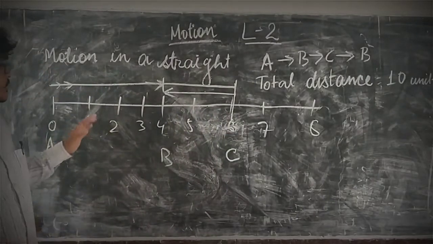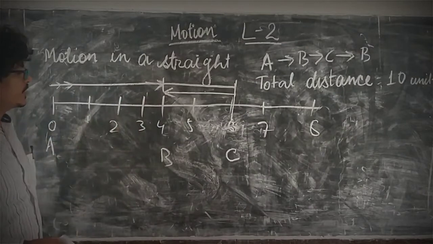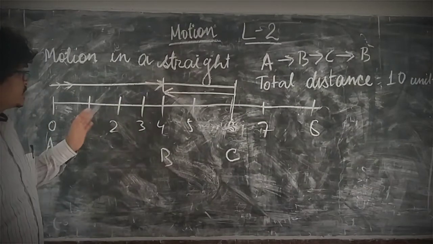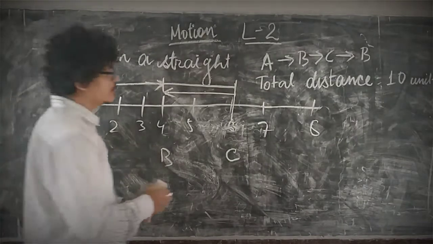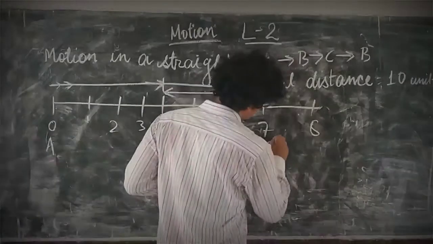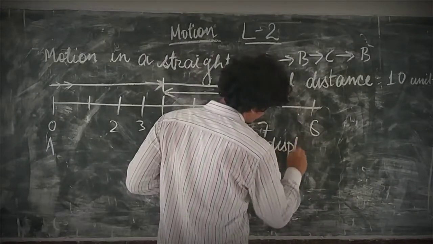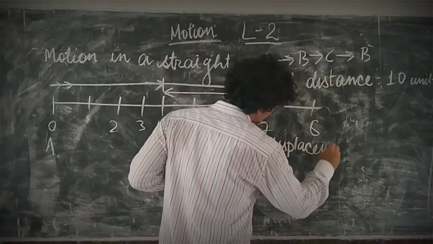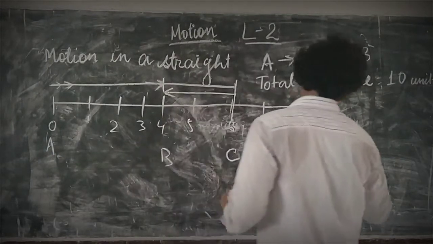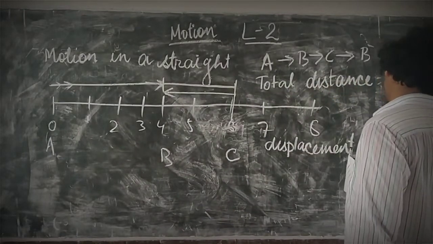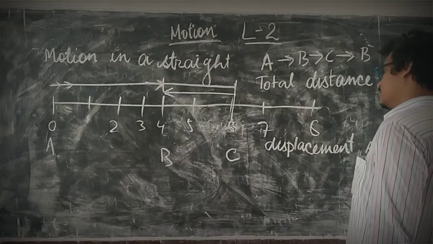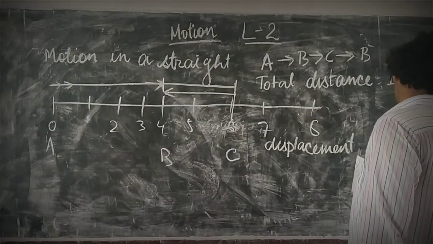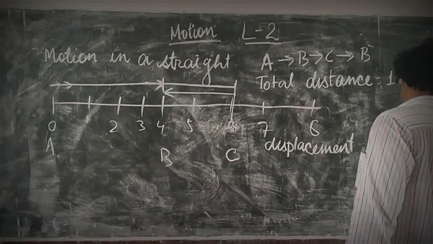Now if I ask what the displacement is, displacement is A to B only. Displacement is only the distance between A and B, that is 4 units.